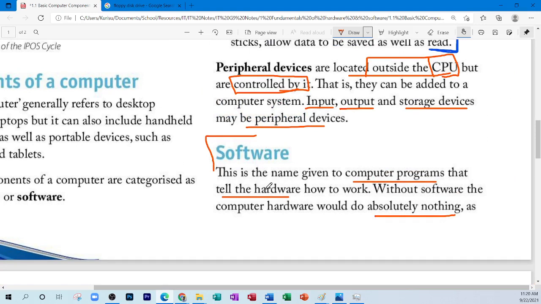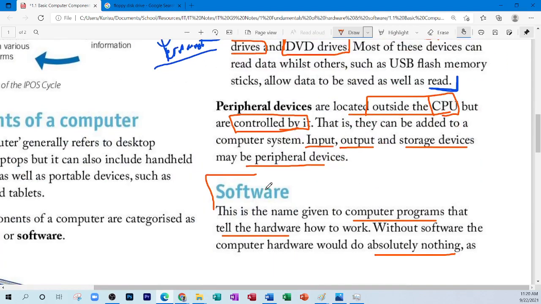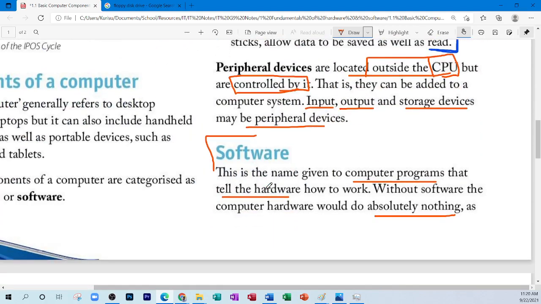All right. So we already looked at hardware, which is the physical parts of your computer. We already looked at a bunch of examples of those. So now we're going to look at the software. Why do we need software? How important is the software? Well, the software is so important that if we do not have software, the hardware will basically do nothing.